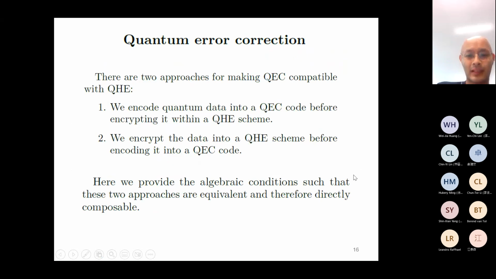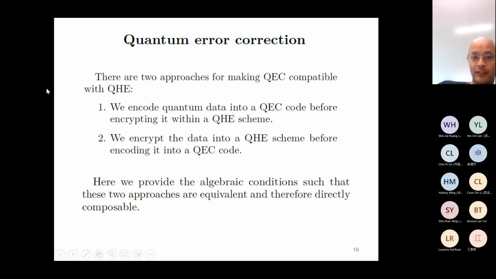Okay. So now is the main part of the talk, which is quantum error correction. The question is, how do you put quantum error correction together with quantum homomorphic encryption? There are two ideas.